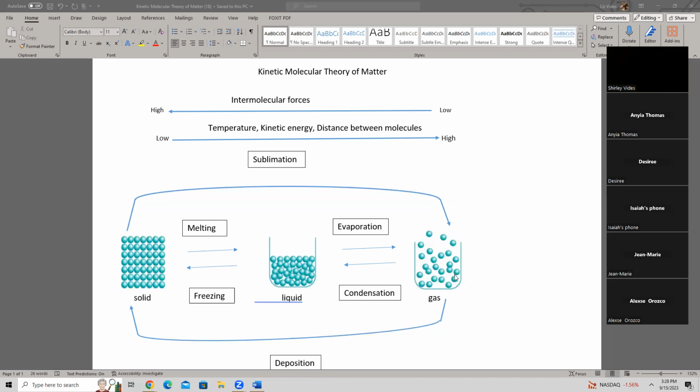Basically what happens is the temperature drops quite fast, and instead of going through the liquid state, it becomes a solid immediately, and that's the vapor in the air. So that's why you have frost, and that's what deposition is. Okay, so this diagram kind of helps you understand that by looking at it a certain way.